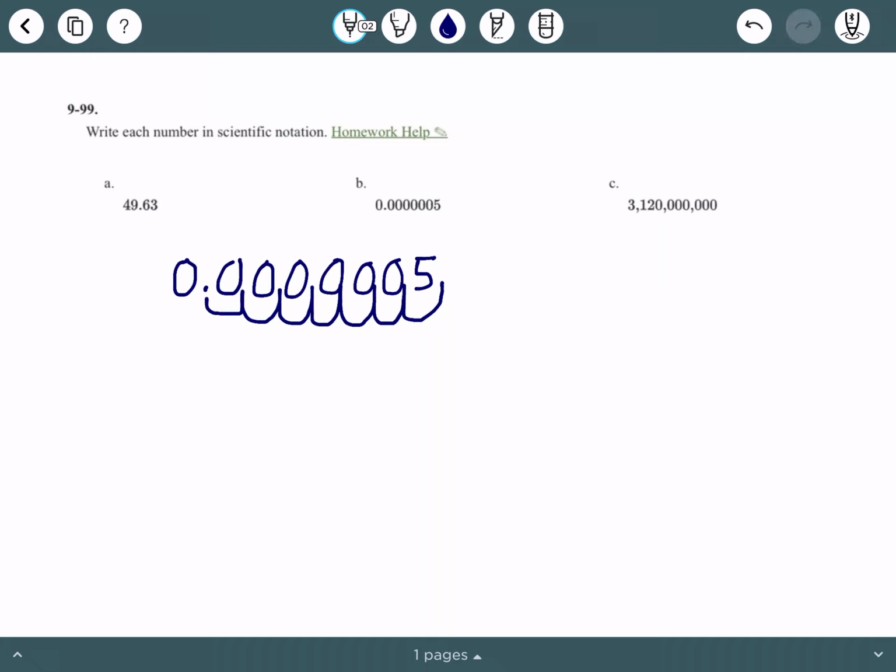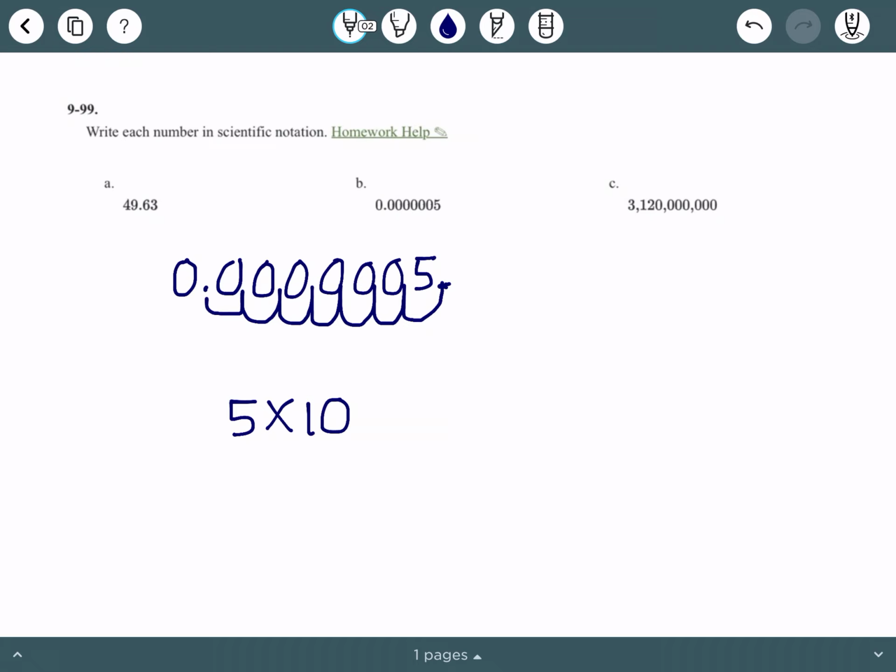When I move it here, that gives me a leading digit of 5. Or you could say 5.0, but 5 is fine. So my leading digit is 5, and I'm going to multiply it by a power of 10. Remember, we want to use that X symbol for the multiplication when we're working in scientific notation.